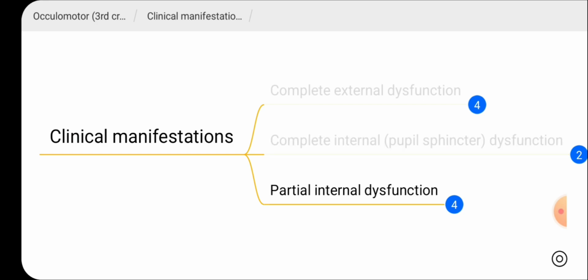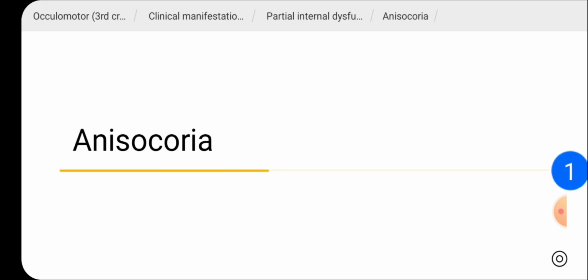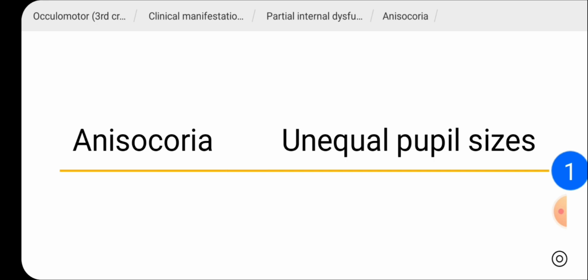In partial internal dysfunction, the parasympathetic action is partially impaired. Therefore, there is anisocoria or else unequal pupil sizes.